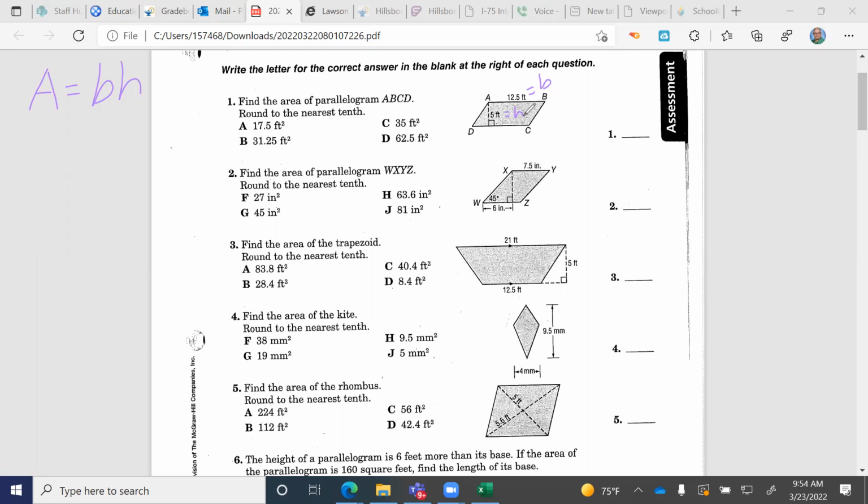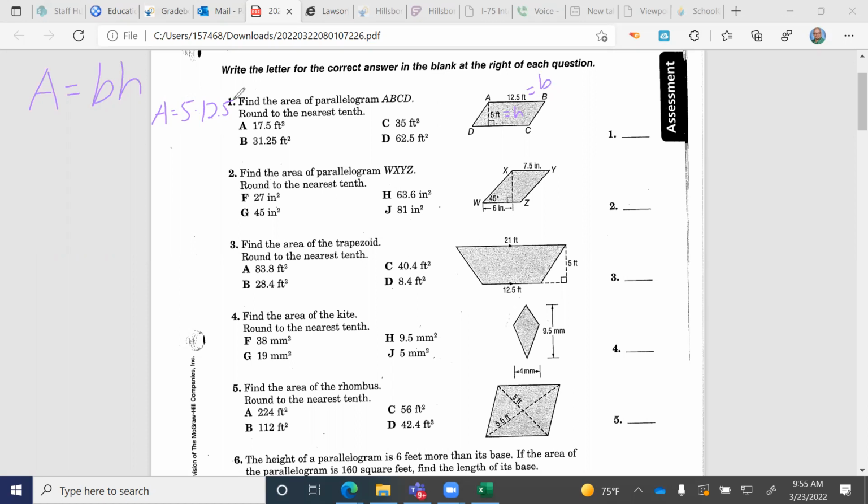On this one, it's just a matter of plugging those two in. So we have area equals 5 times 12.5. It doesn't actually matter which one you plug in first, whether you do the base first or the height first.